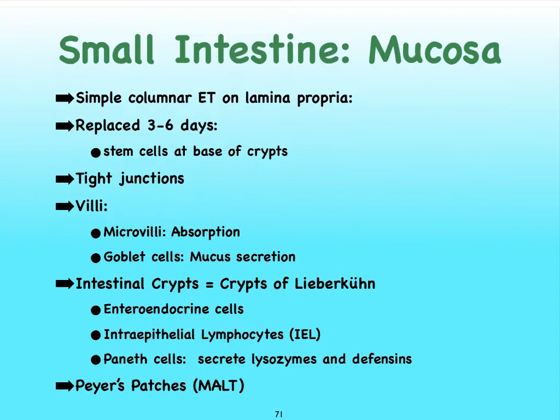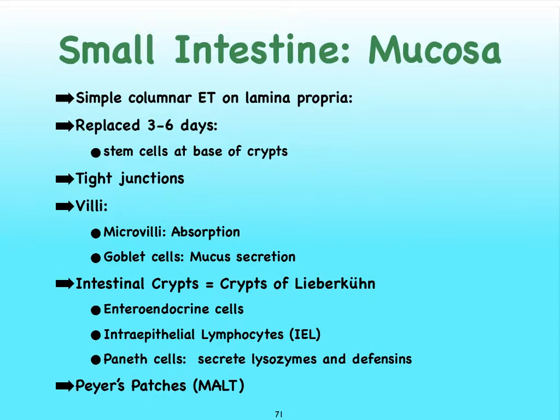So the small intestine's mucosa is simple columnar epithelial tissue on top of the lamina propria, which is very vascularized. It also has those lacteals in it. Just like the stomach, we see that this epithelial tissue is replaced every few days. There are always stem cells left at the base of the intestinal crypts.